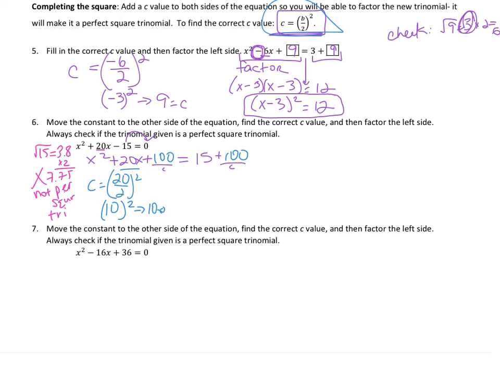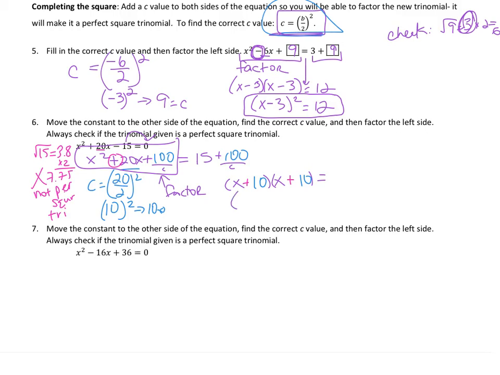Next, we can factor the part that we have, which means it's going to be two sets of parentheses equal to something else. So you've got x and x. Remember the square root of my c value, so the square root of 100 is 10. That's going to go in both of those spaces. The middle sign is going to be our sign in the middle.